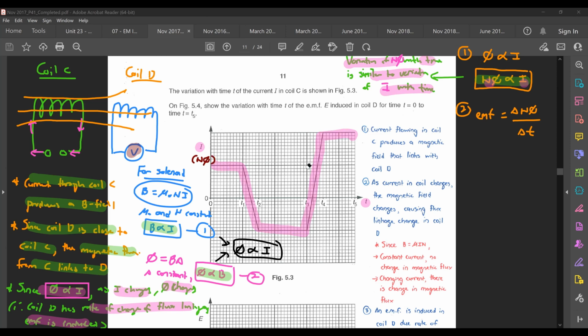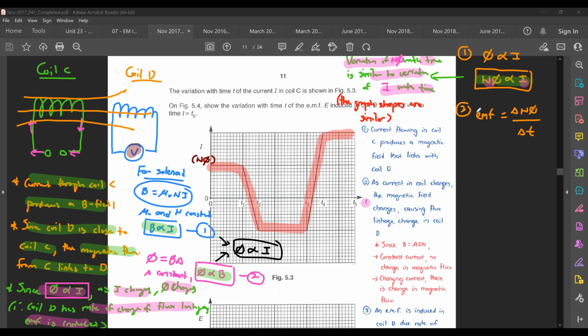That's the significance of point number 1. Because I noticed that my current varies like this for the current-time graph, my flux linkage versus time graph will also vary in a similar manner. The graph shapes are similar. So let's now assume that this is the graph of variation of flux linkage with time.